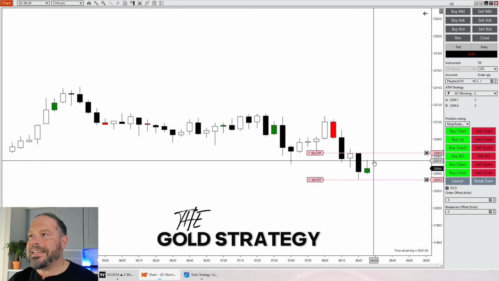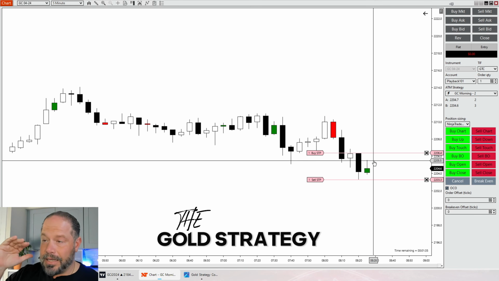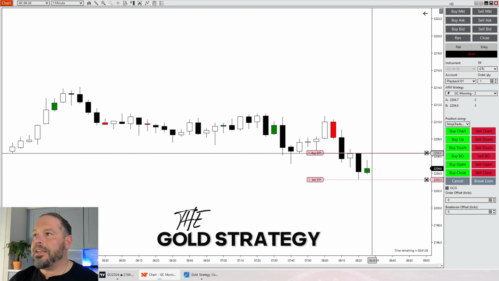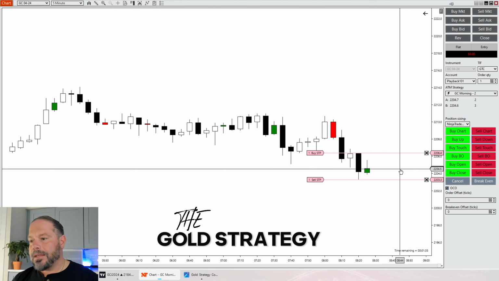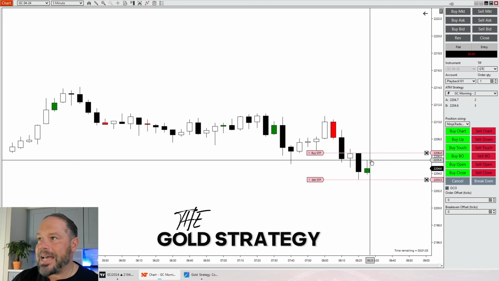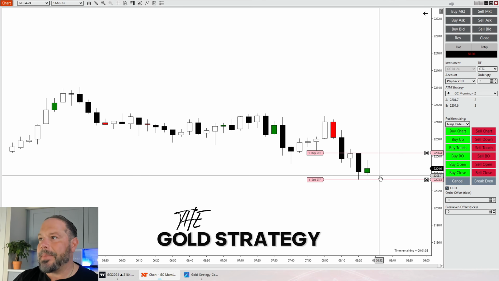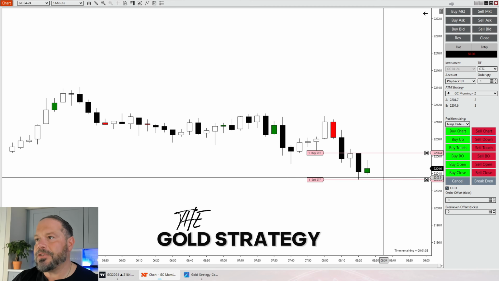Now, once this inside bar closes as an inside bar, meaning that it's got to close at either equal high and equal low or within that candle, these bracket orders will then fall to the top of this inside bar and to the bottom of this inside bar, and you're ready for the trade. It's super, super easy.